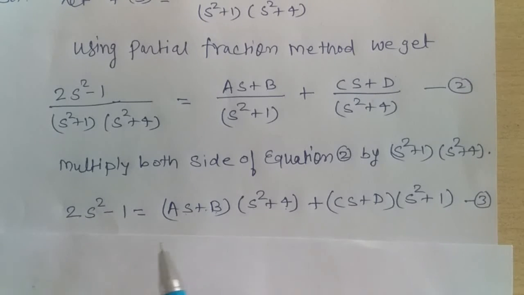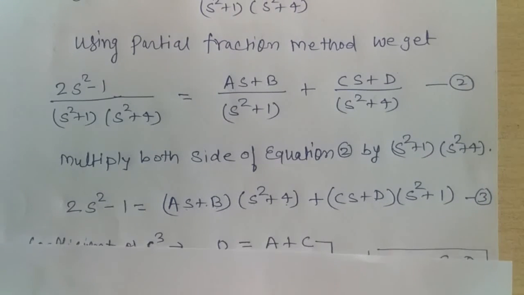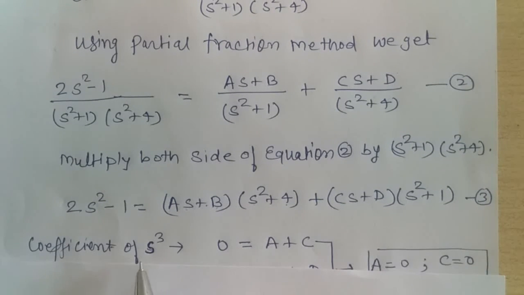Now here the method of substitution is a little bit complicated, so we use the method of comparison to find the values of constants a, b, c and d. So first we compare the coefficient of s cube.